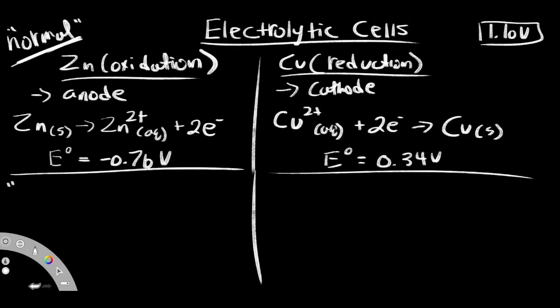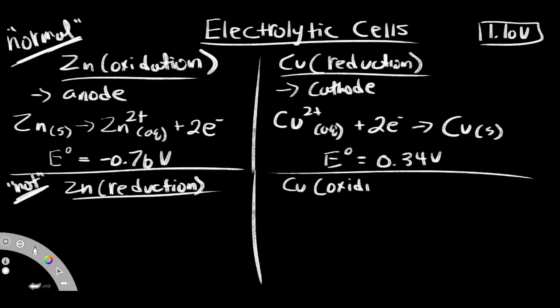But if we look at something that we're not used to, like an electrolytic cell, let's say we have our Zn, our zinc. This time it will not be oxidized, it's actually going to become reduced. And our Cu over here is going to be flipped, so it's going to become oxidized.